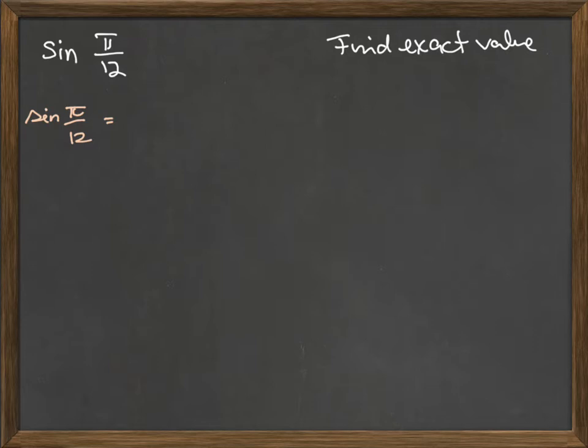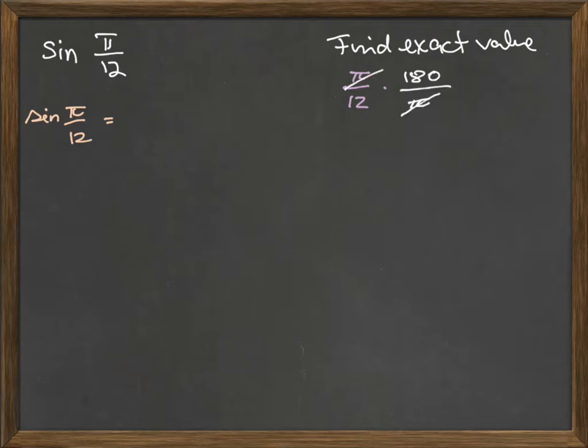Change it into degrees. That's an easy trick to figure out how to find a sum. Let's change the pi over 12 into degrees. It's a good review for the final. Pi over 12 times what? 180 over pi.